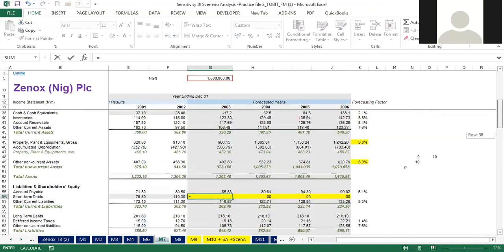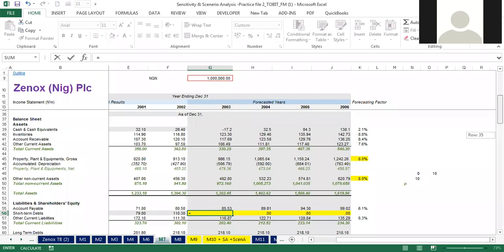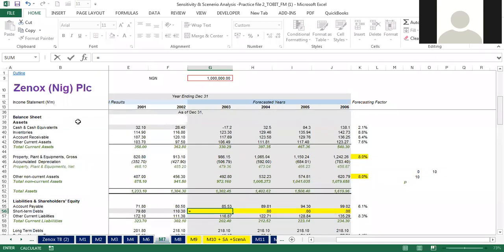So if we go to the asset side now, we have the sum. We are not going to pick cash and cash equivalent. You know why? Because the idea is that we want the difference to show up between cash and cash equivalent and short-term debt.